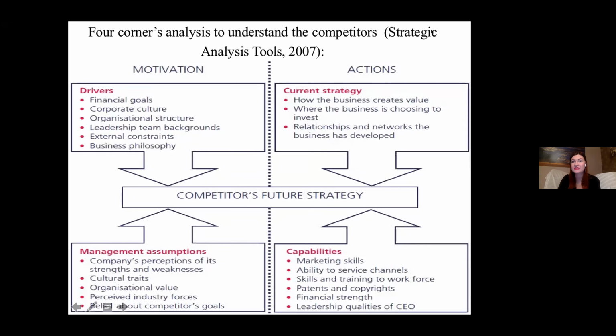We make competitors analysis and we understand with the help of this table some interesting points about other companies, some current strategies, some capabilities, maybe some marketing skills, some types of strategy that we could copy maybe, or maybe something that was copied from our company.